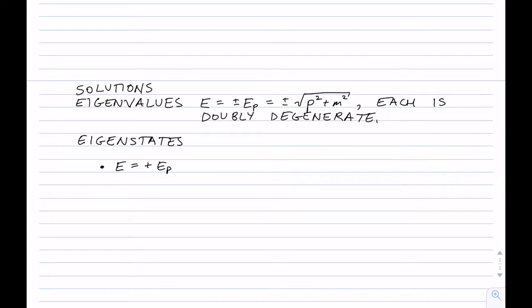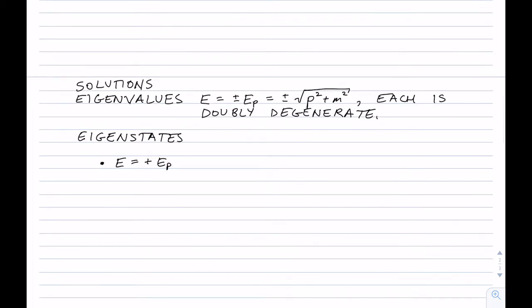So the energy eigenvalues are E equals plus or minus EP. So for the E equals plus EP eigenstates, we're going to find that the eigenstates look like this: 1, 0, P over M plus EP. I'm not normalizing these, I'm just writing them out.